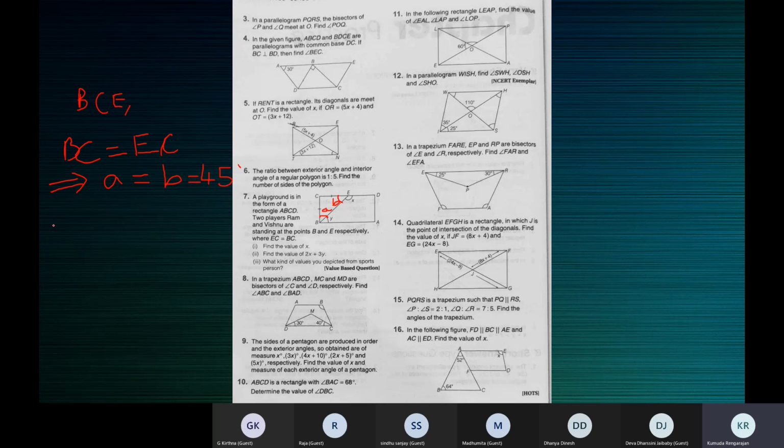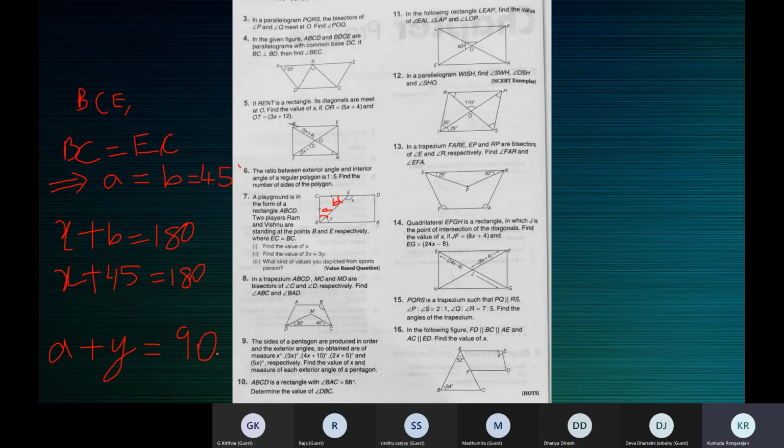So now you can write x plus b is equal to 180. B is 45. X plus 45 is equal to 180. Like this you can find x. And to find y, you can write a plus y is equal to 90, because it's the corner of a rectangle, it is 90 degrees.